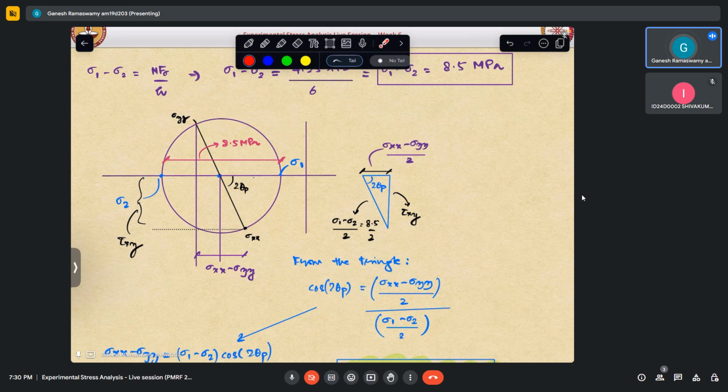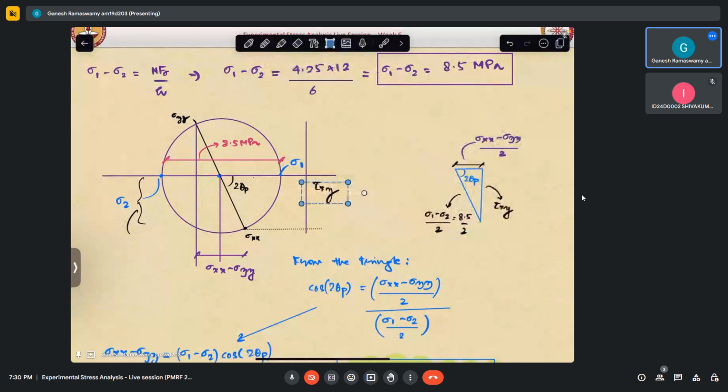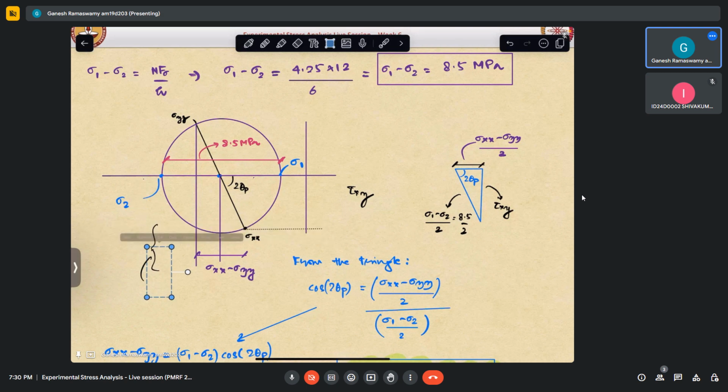So now it makes sense. I will just change this also to this direction and perhaps move this over here. So this is actually sigma y. Very well. So the actual Mohr circle would have been like this.